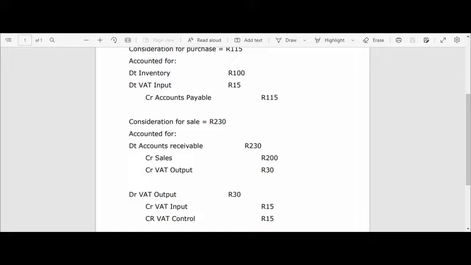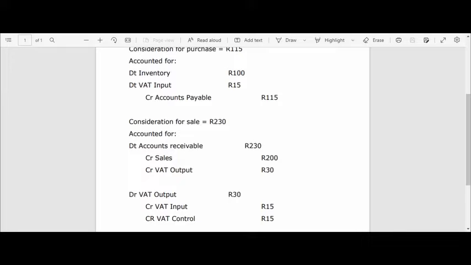Thank you, Anna. So the end result of this little closing entry is that we are sitting with a VAT output account that has a zero balance. So we start afresh. We start from scratch at the beginning of the next value-added tax period.